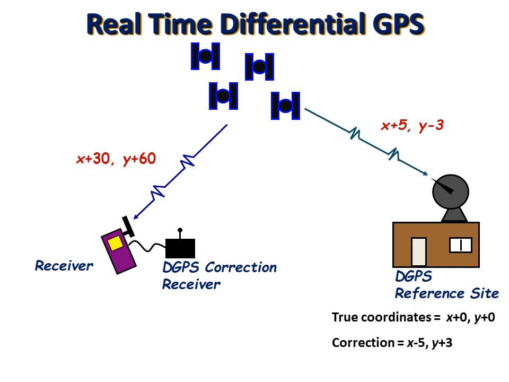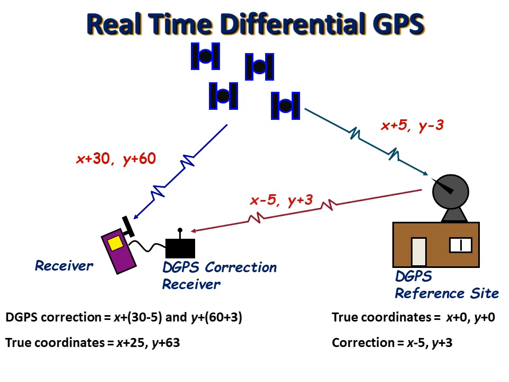You can see that at the receiver, the value you got is x plus 30 and y plus 60. So you do the correction, which is x minus 5 and y plus 3. That is, x plus 30 minus 5 should be done and y plus 60 plus 3 should be done.